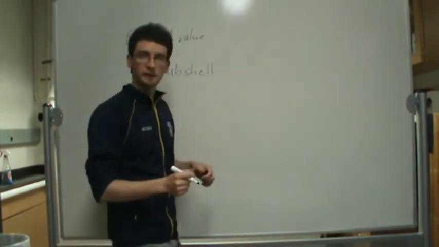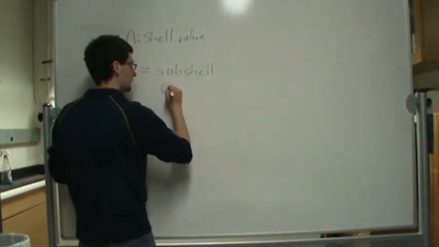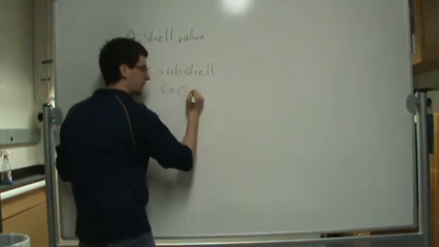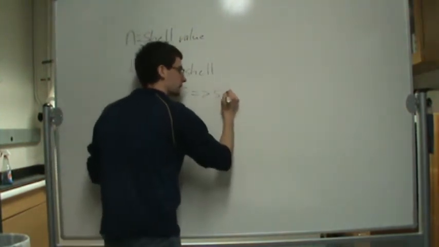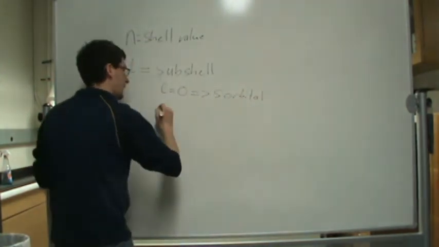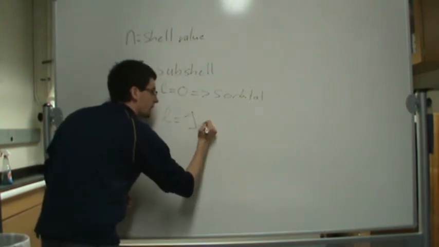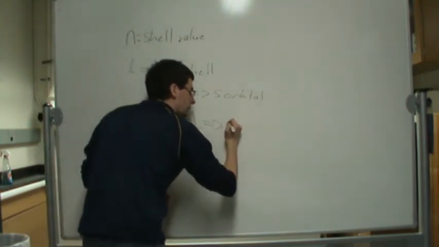What I mean by this is if we have an L equal to 0, we're talking about the s orbital. If we have L equal to 1, then we're talking about one of the p orbitals.